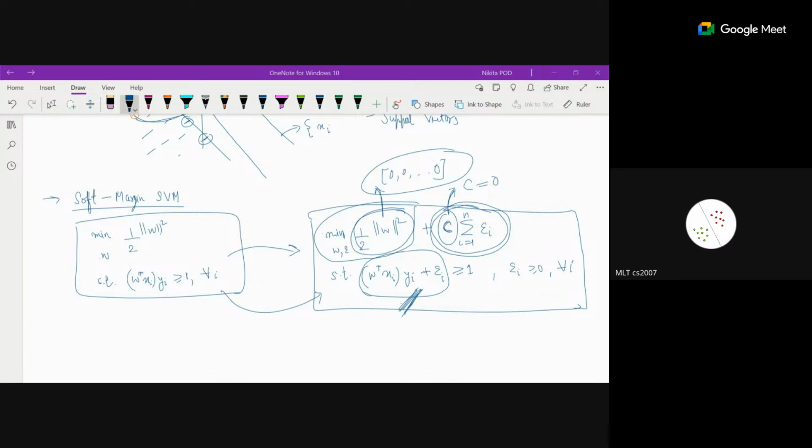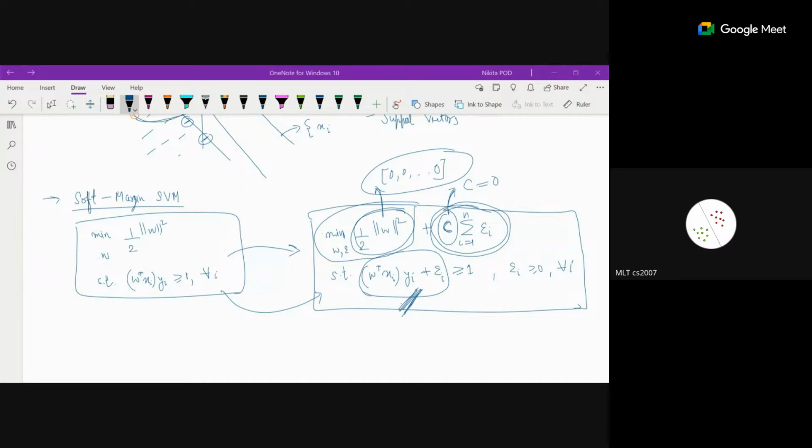They should pay something. They should be penalized to go to the right side in a way. And that is what we are capturing through this second term, which is C times sum over epsilon i. And epsilon i is the amount that every incorrectly classified data point pays to go to the right side. If certain points are already on the right side, then epsilon i would be 0.